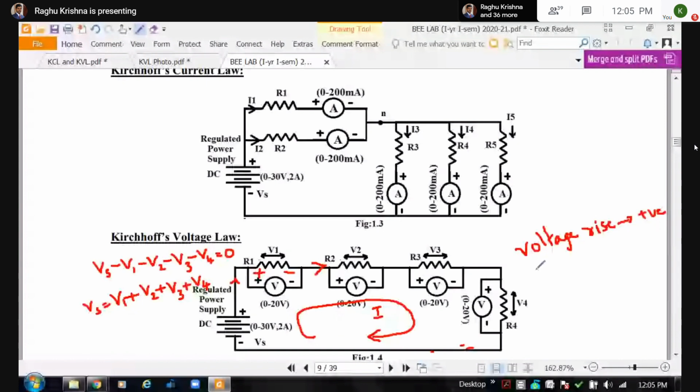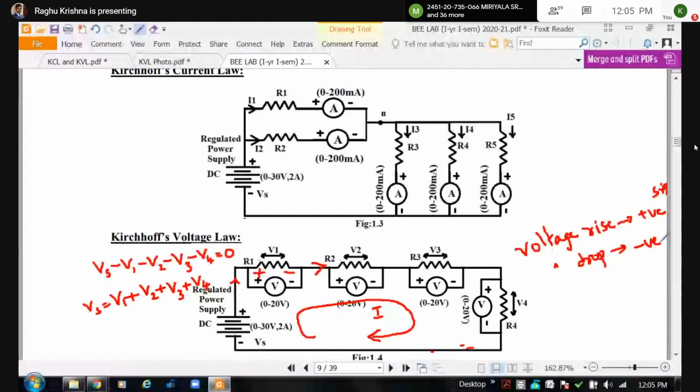Voltage drop, negative sign. Voltage rise means positive sign. Voltage drop means negative sign. So let us see here.